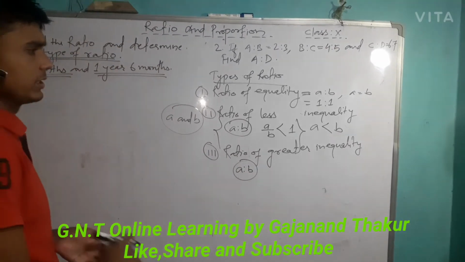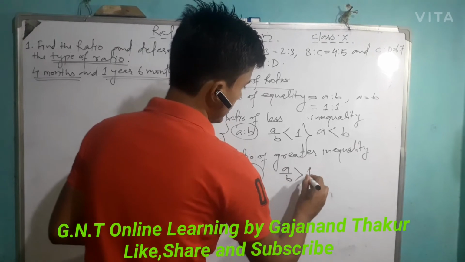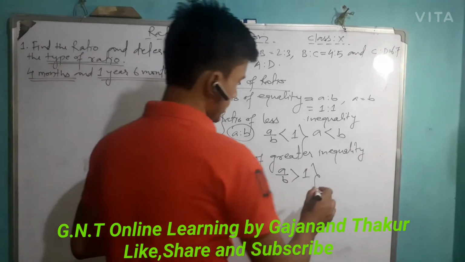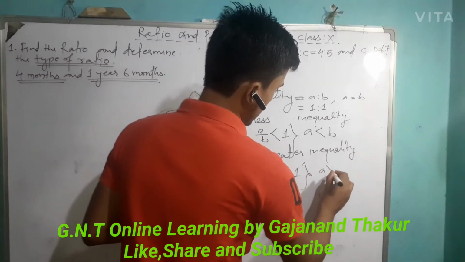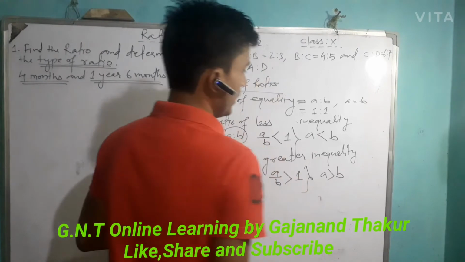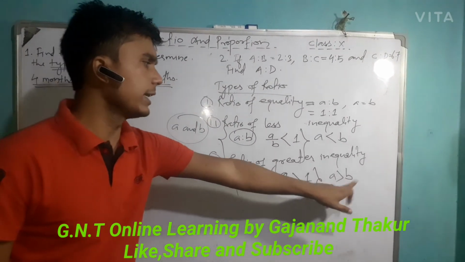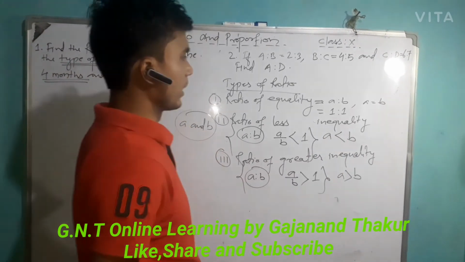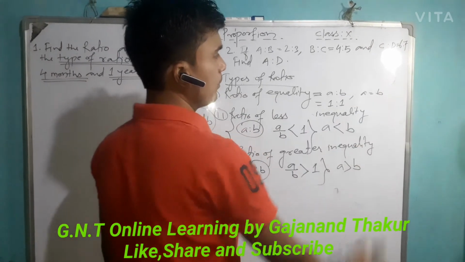Here A by B is greater than 1, and A is greater than B. So numerator is greater than denominator, and in the previous case numerator is less than denominator. And in the case of ratio of equality, numerator and denominator both are equal.